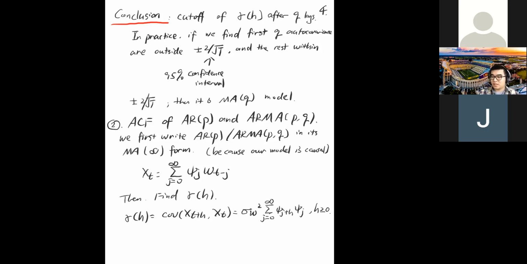The key point is it never equals 0. It's just sigma_w squared times a summation. After maybe P lags or Q lags, it's never equal to 0. That's a key point. And this also suggests that the autocorrelation function is never equal to 0.